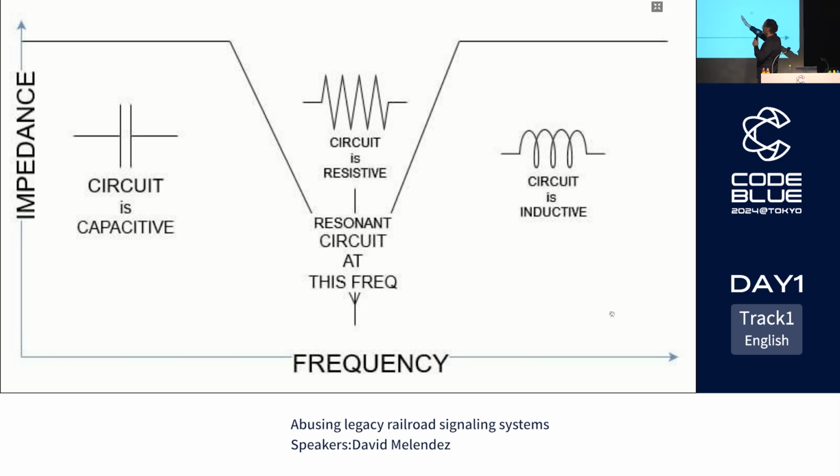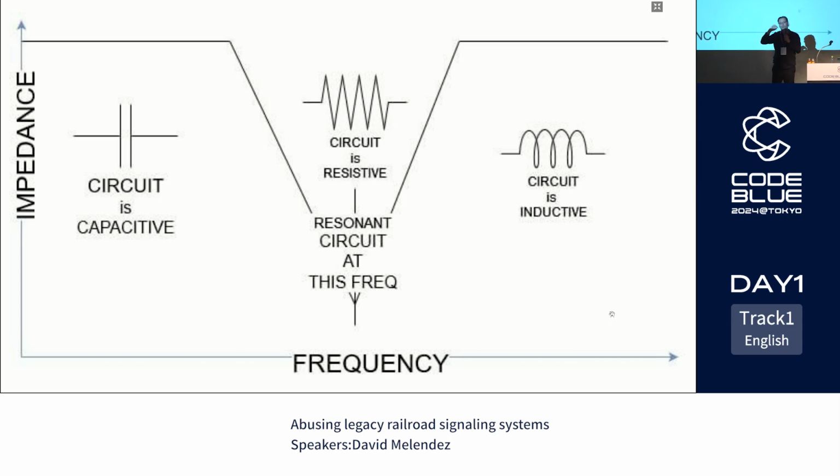Like an electronic engineer, we have to make an LC circuit, a coil and capacitor circuit, that is resonant at a given frequency. We have to make the circuit resistive at that given frequency. At more frequency, the circuit is inductive. It's not transmitting energy. At less frequency, the circuit is capacitive.